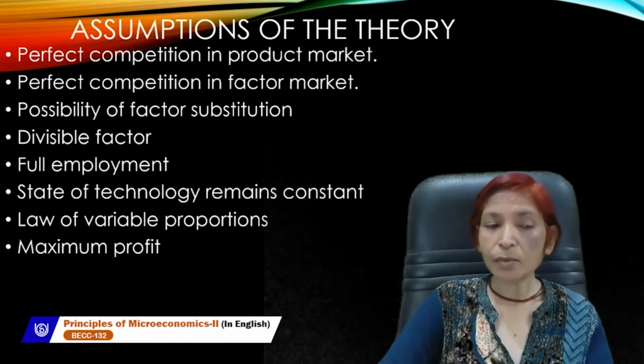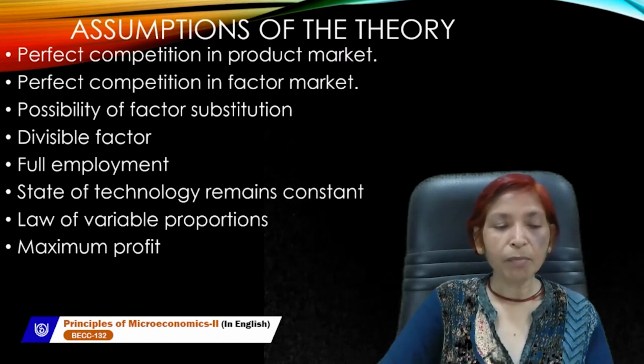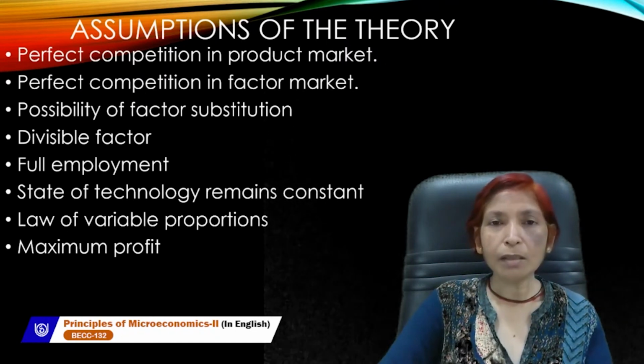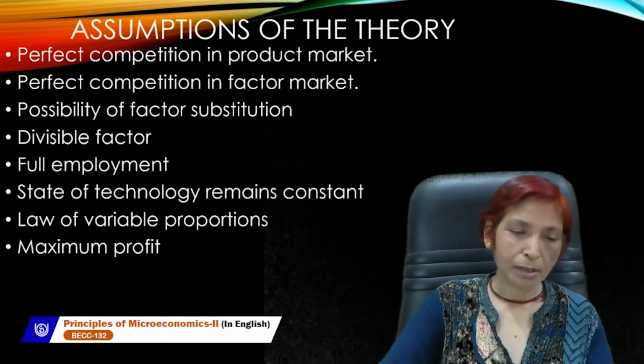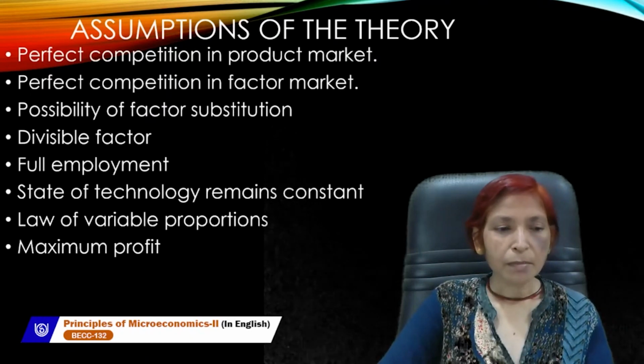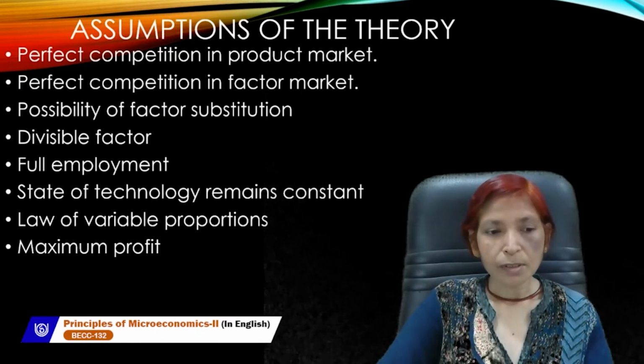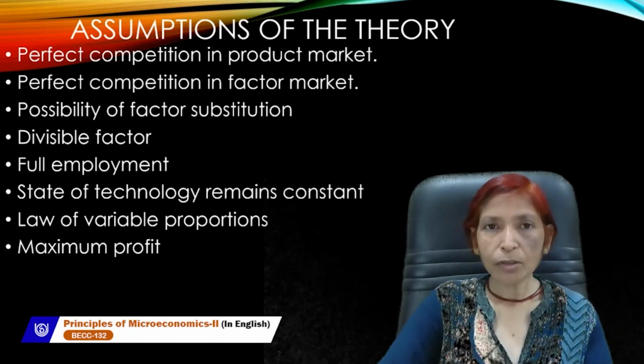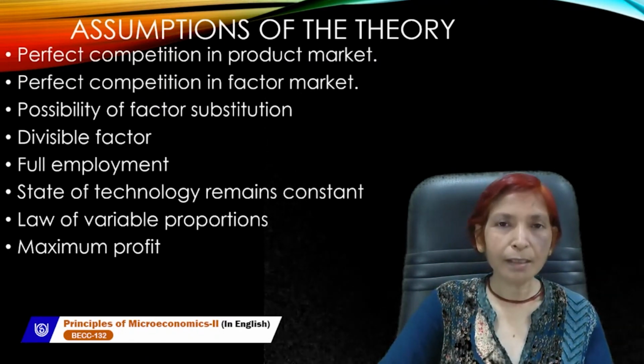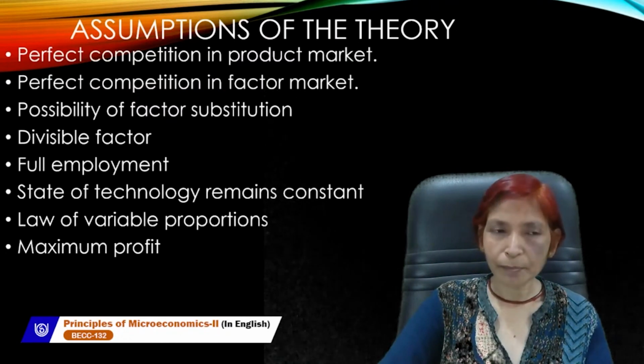So this theory also assumes that the firm's main goal is to earn maximum profit. But sometimes this maximum profit can't be achieved. This maximum profit goal is not a perfectly realistic assumption.